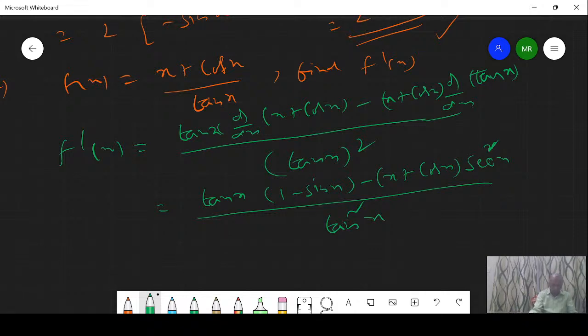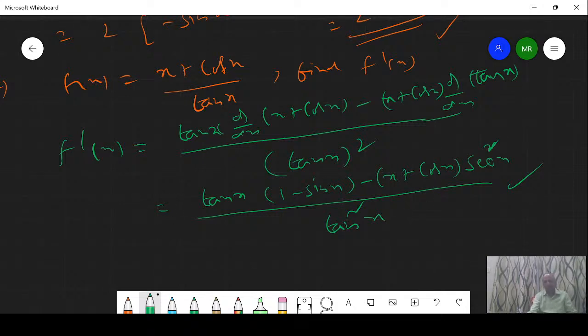So here we can express it like this, because simplification is not required. You can leave it. So this is the derivative of f of x, meaning f dash of x. Because the given function is a quotient, with numerator and denominator, use quotient rule, then you can simplify like this. Here it is not required to simplify, we can leave it at this step.